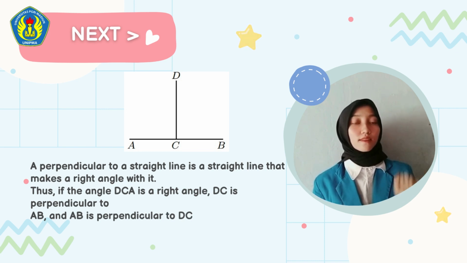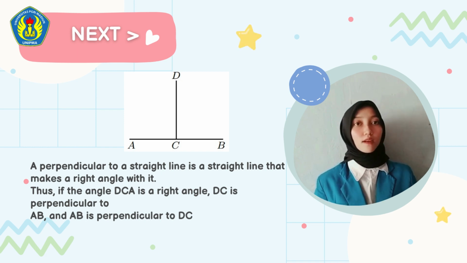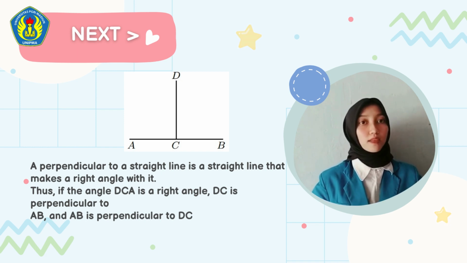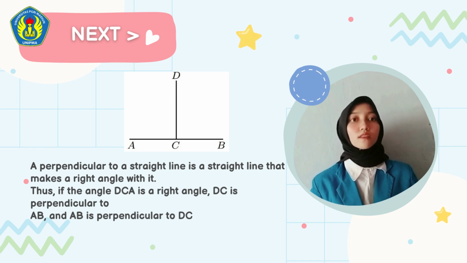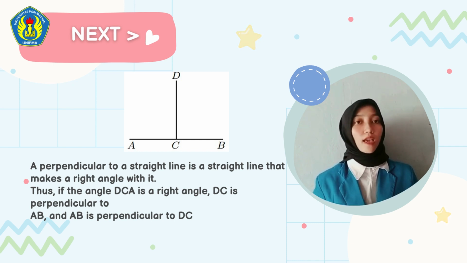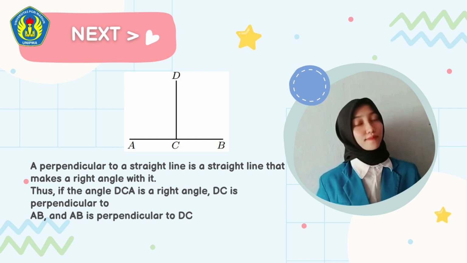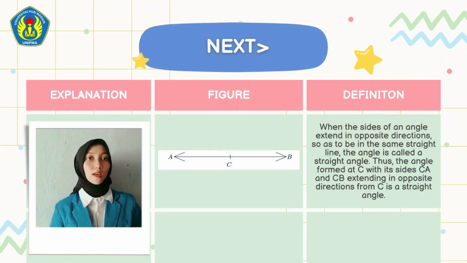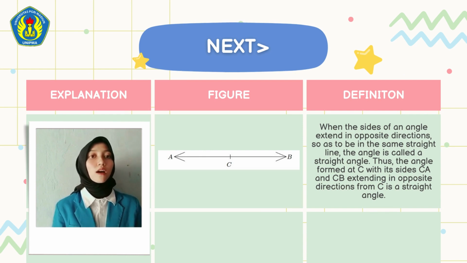Take a look at this figure. Angle DCA is a right angle, hence the line DC is perpendicular to line AB. Conversely, since AB is also perpendicular to DC, this shows that the lines AB and DC are perpendicular to each other and form a right angle at point C. When the sides of an angle extend in opposite directions so as to be in the same straight line, the angle is called a straight angle.